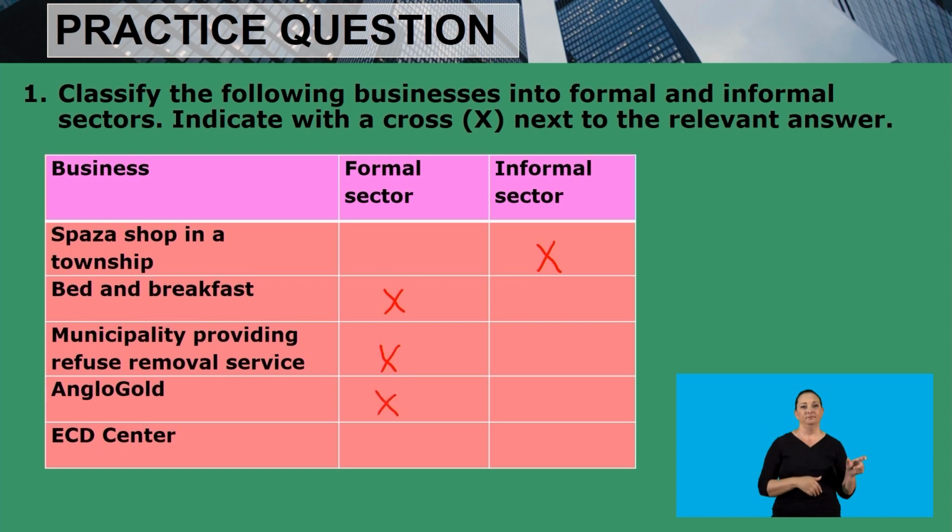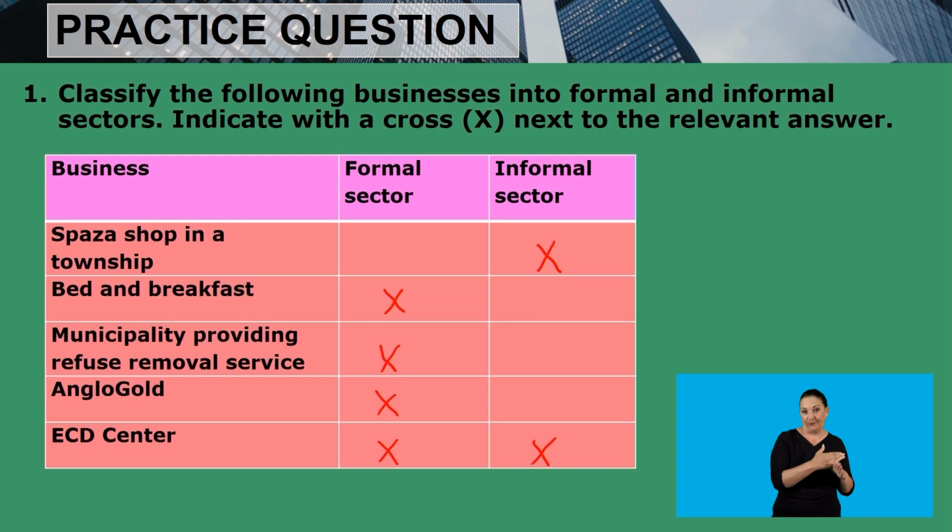Then we have our ECD, our Early Childhood Development Center. Does it fall under formal sector or informal sector? It falls both under formal sector and informal sector, because you'd find that there are some ECD centers that are registered to render the services of taking care of the babies while the parents are at work.